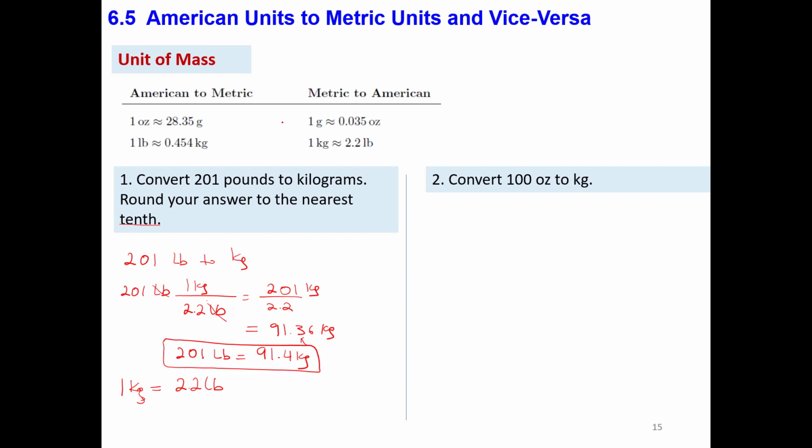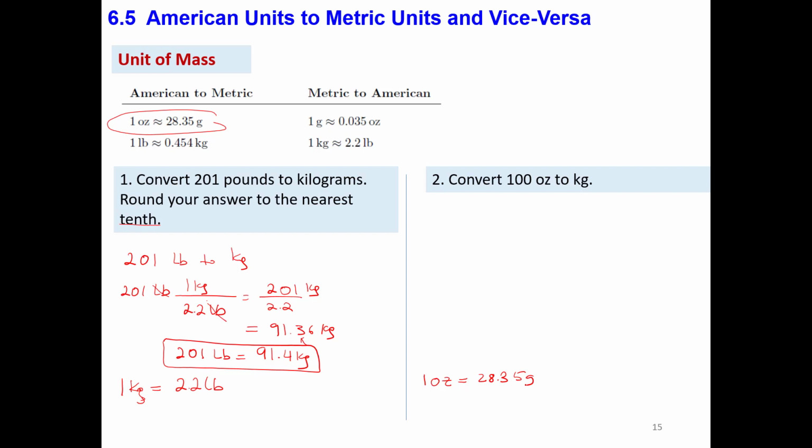And let's write what conversion factors we will use. We will first apply this conversion factor to convert into grams.